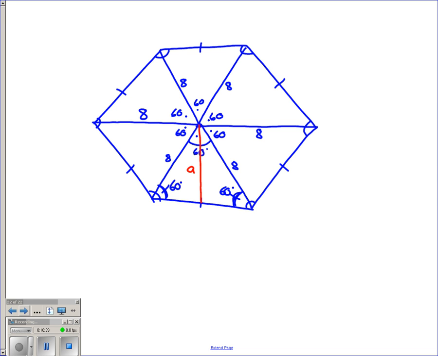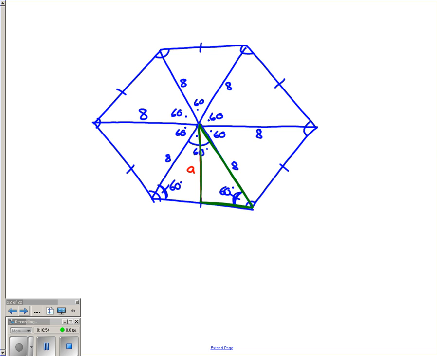There's the apothem length. This is not something that we have to use SOHCAHTOA for. This is a special right triangle. We actually have a 30, 60, 90 triangle right here, okay?